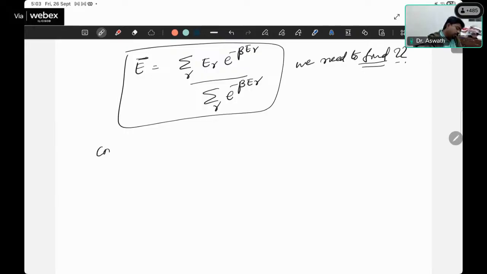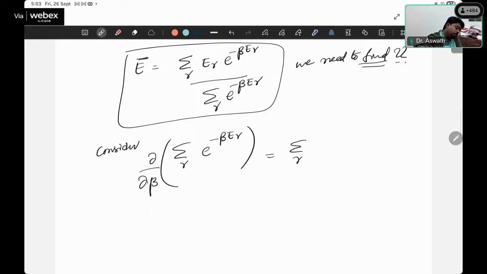Let's consider the summation over exponential minus beta ER, and take a derivative with respect to beta. Now the derivative can be sent inside because the summation is with respect to R, not with respect to beta.